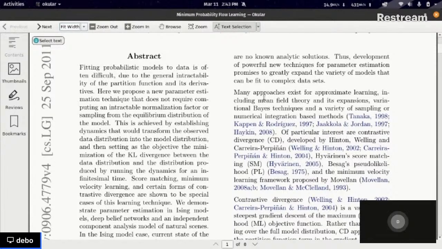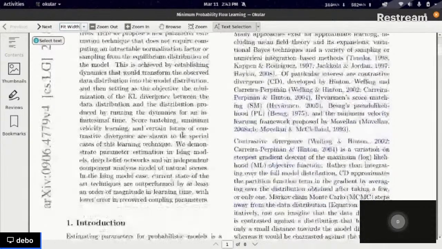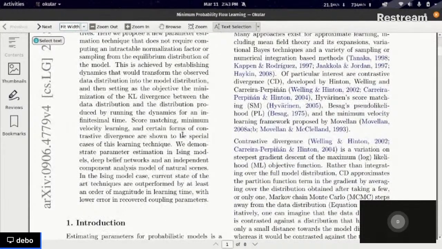Okay, so they're proposing a new technique to fit probabilistic models on data. For that they are establishing dynamics that would transform the observed data distribution into the model distribution, and then they're setting as the objective the minimization of the KL divergence.